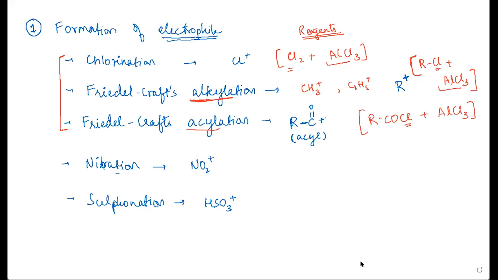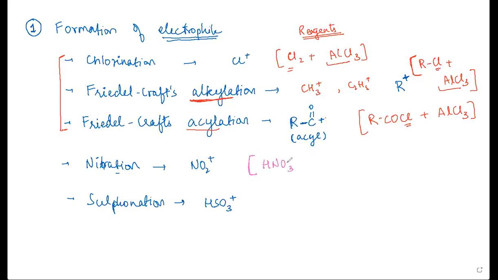Now coming to the other two, nitration and sulfonation. The reagents for these two electrophiles are acids. So what acid will give you a nitro group? Nitric acid, HNO3.